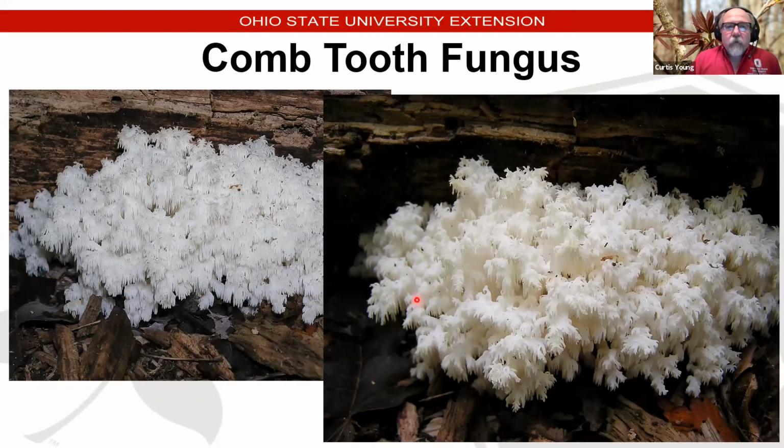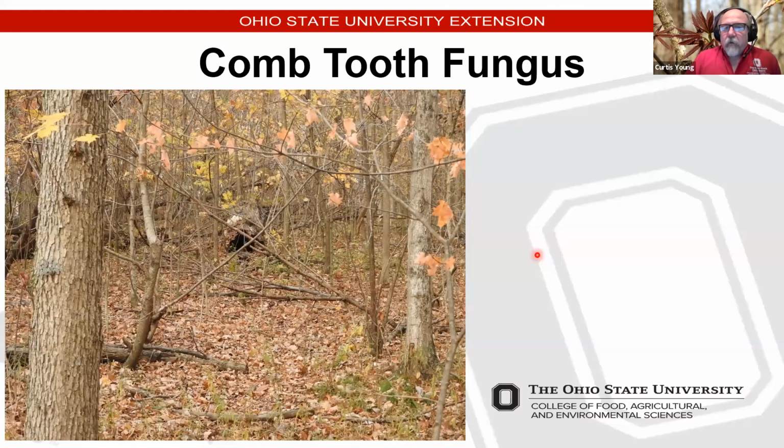And the third in that group is the comb tooth jelly fungus, which has a much shorter tooth that it produces, and it almost looks like stalagmites and stalactites sticking out of that one. That earlier comb tooth that I had shown was about the size of a bushel basket.